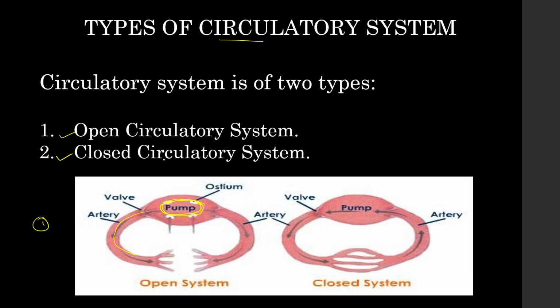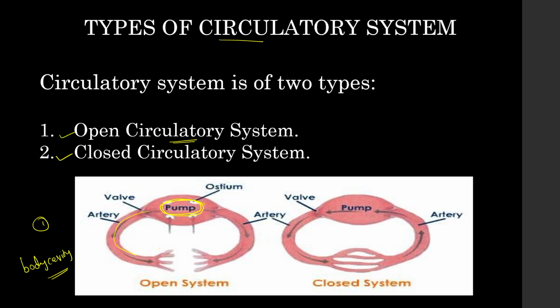For that, there is no particular blood vessel or pathway, no network of vessels through which the blood can pass. So the blood is suspended in the body cavity. The blood flows into the body cavity, and through the body cavity it reaches each and every part of the body. So this is the open circulatory system.